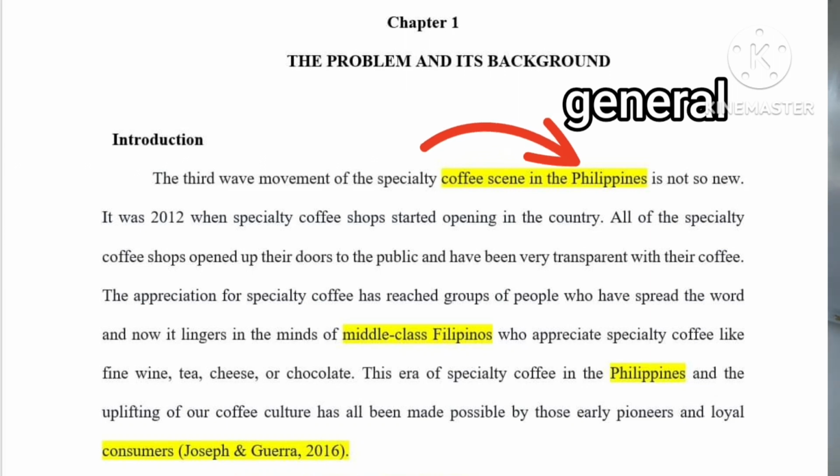Mapapansin natin, gumamit muna siya ng general location, which is the Philippines. Okay, nandyan din yung middle class Filipinos and then Philippines, Loyal Consumers by Joseph Guerra, 2016. So, hindi ko na po binasa lahat, pero ang focus natin kapag ganitong introduction is from general to specific.